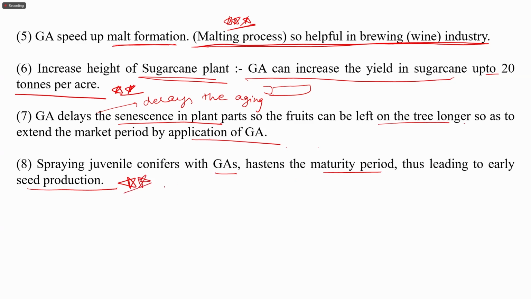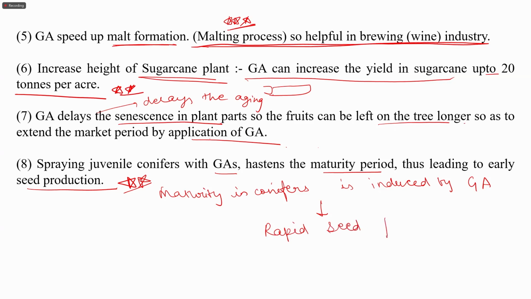So maturity in conifers is induced by GA. Therefore, rapid seed production.